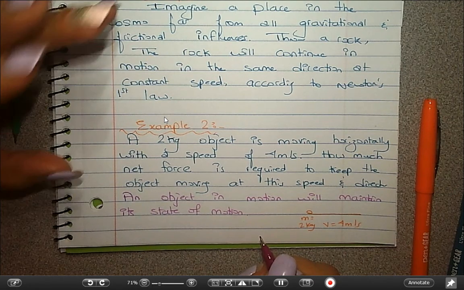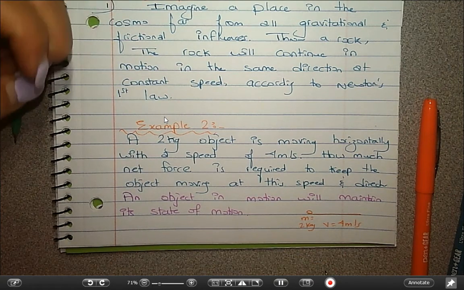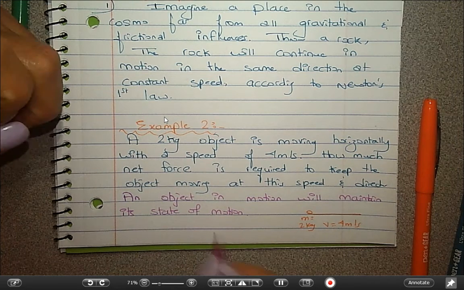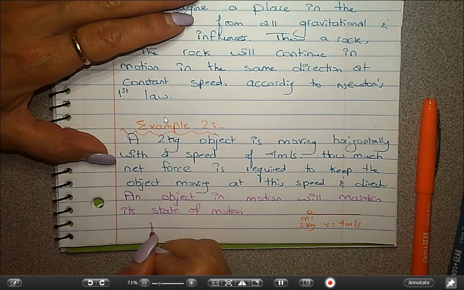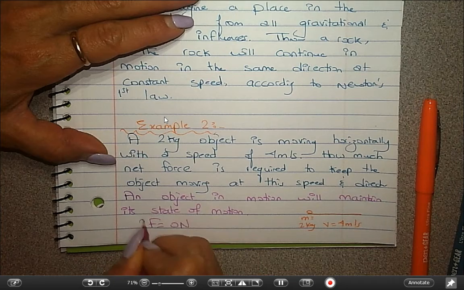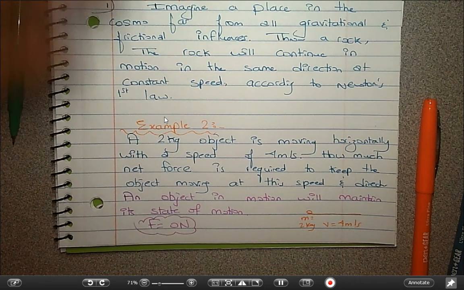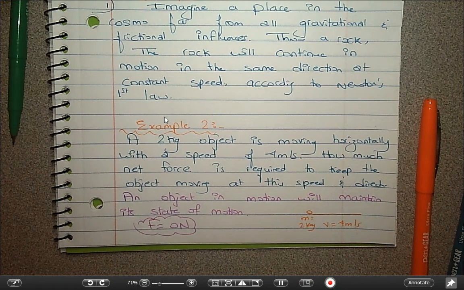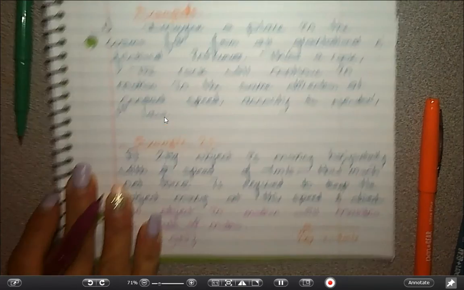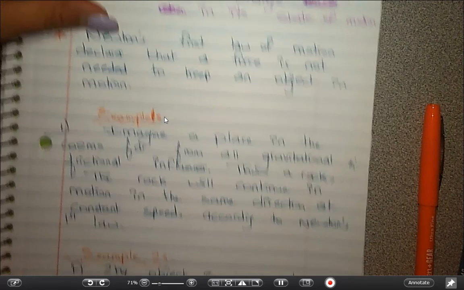Only the presence of an unbalanced force changes the velocity of the object, which means the force will be 0 Newtons. There is no force acted upon the object. Okay? So let's do a few more examples.